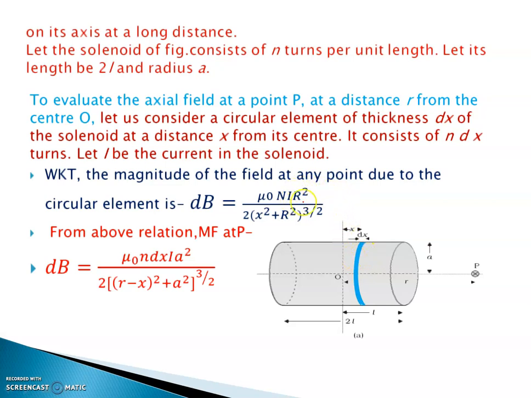Radius r will be replaced by a, and x will be replaced by r minus x. The distance of the element of thickness dx from P is r minus x. So after substitution of these quantities, we will have this relation.